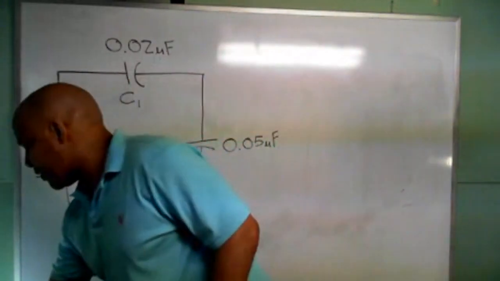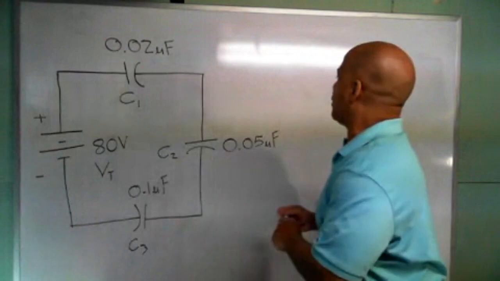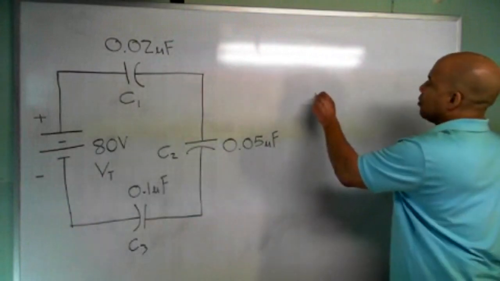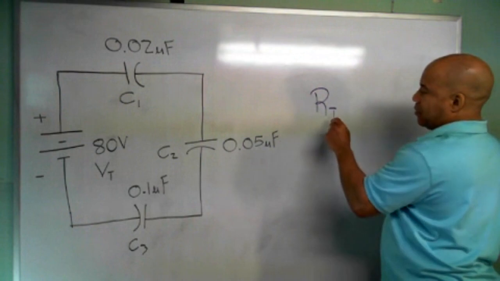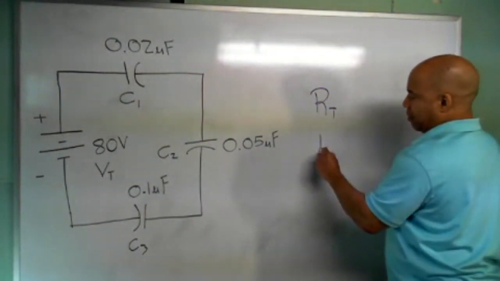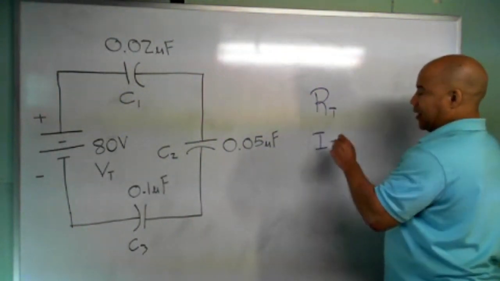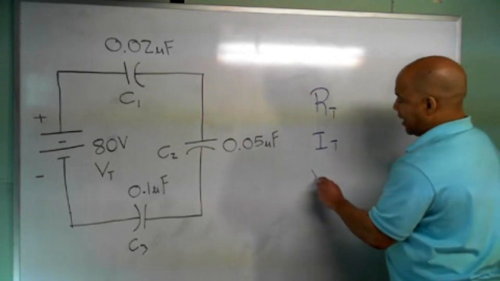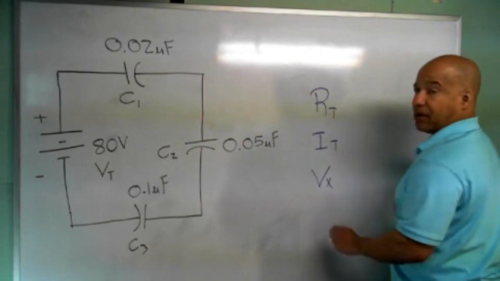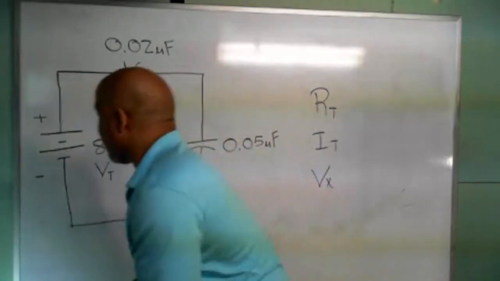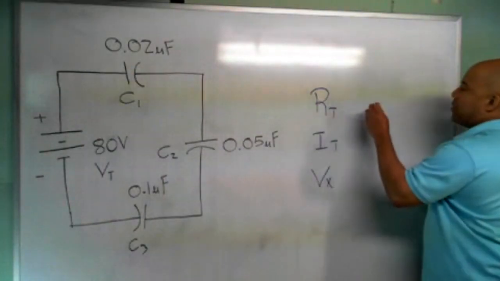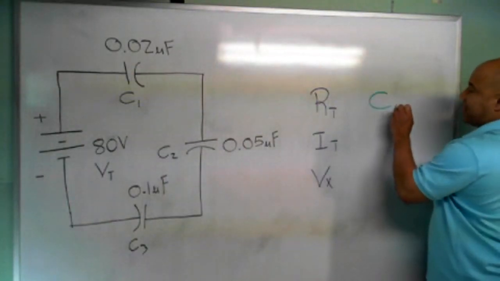If I have resistors in series, the very first thing you would do is find the total resistance. And then you would use that to find the total current. And then you would use the current in Ohm's law to find the voltage drop across each resistor. Well, you do exactly the same thing here. With capacitors, you're going to find the total capacitance.